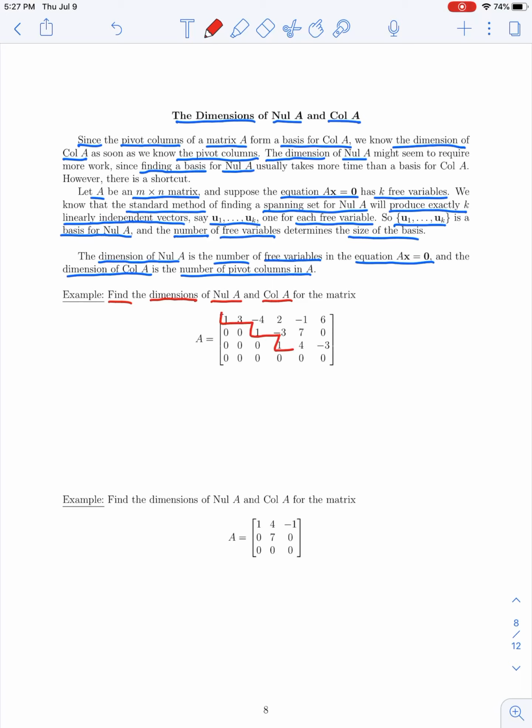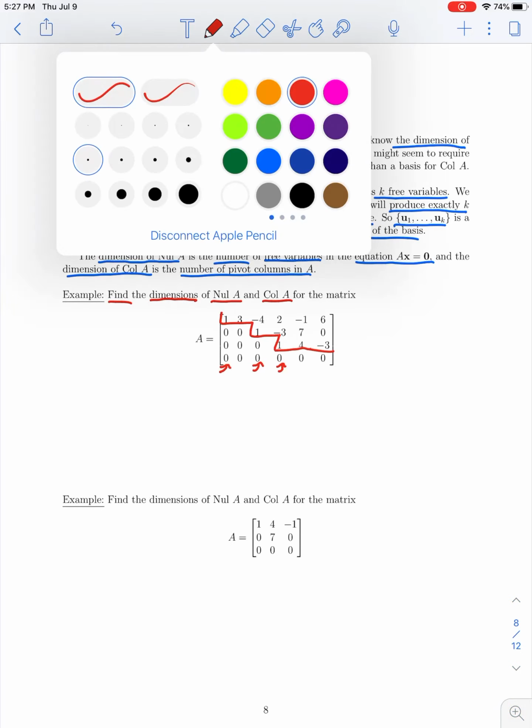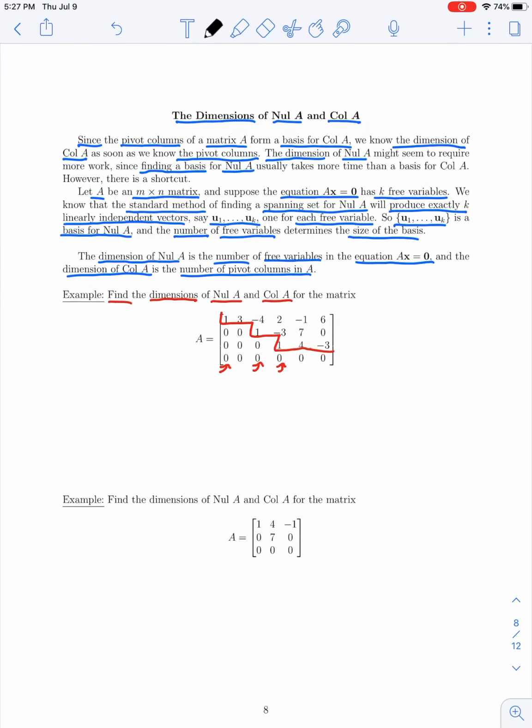Looking at the form of this matrix, we see that we have, counting our pivot columns, 1, 2, 3 pivot columns. So the number of pivot columns is the dimension of our column space.